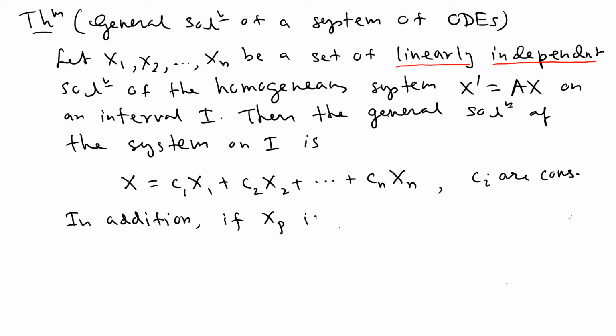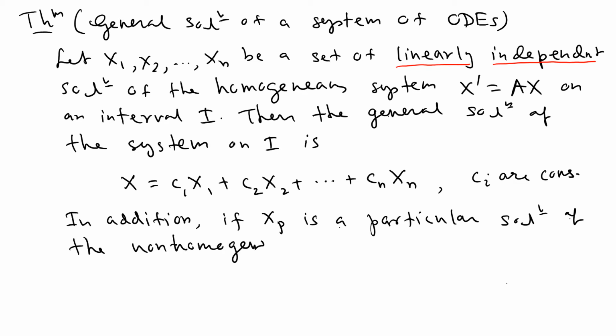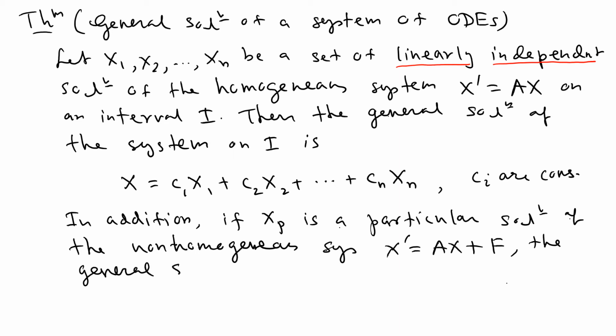If xp is a particular solution of the non-homogeneous system x prime equal Ax plus f, the general solution is very similar.